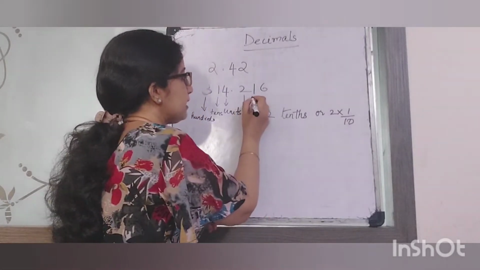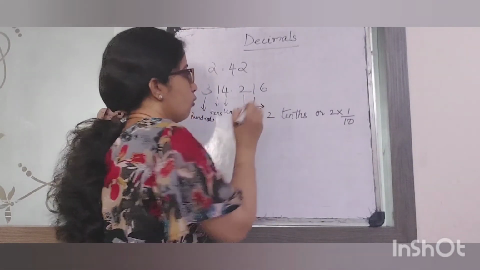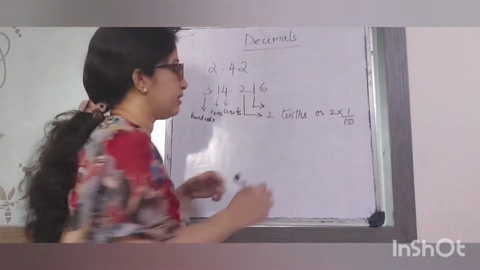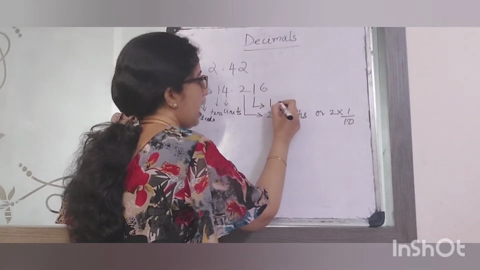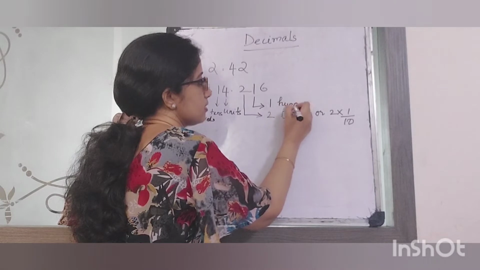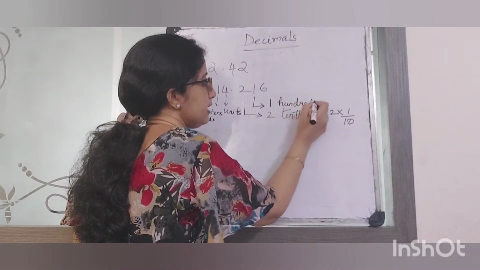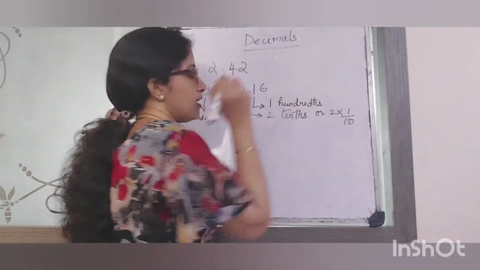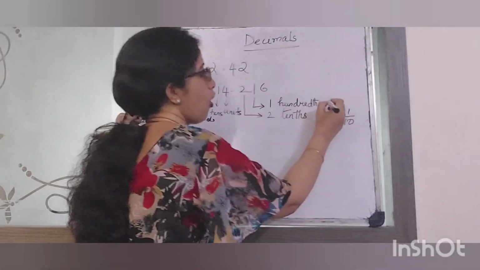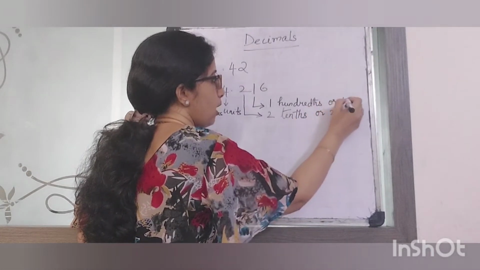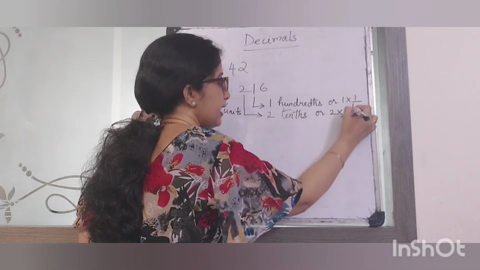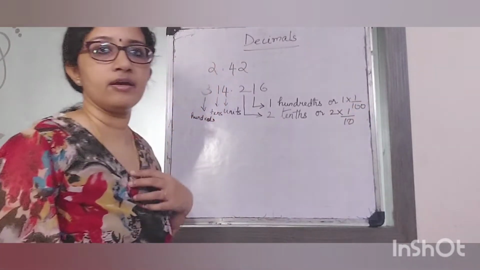Now similarly, if we take this 1, what is the place value of this 1 here? 1 hundredth, spelled H-U-N-D-R-E-D-T-H-S. 1 hundredth or 1 into 1 by 100.